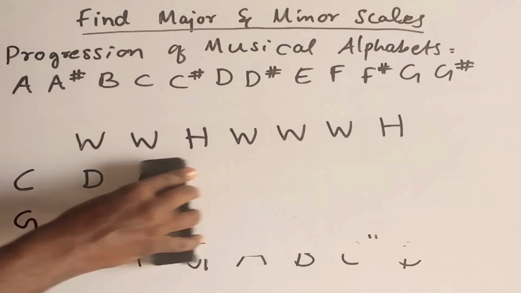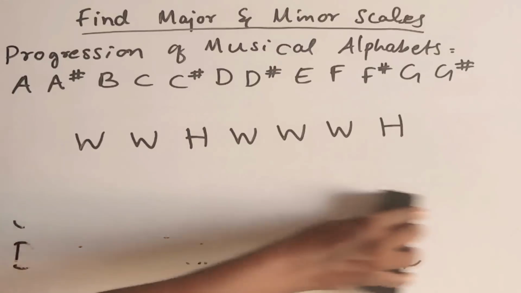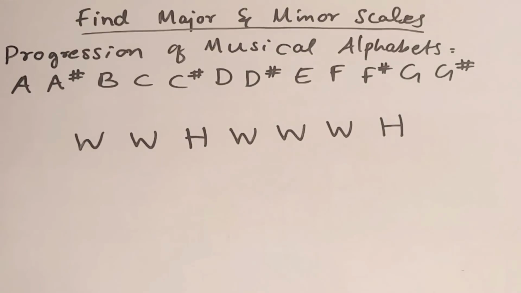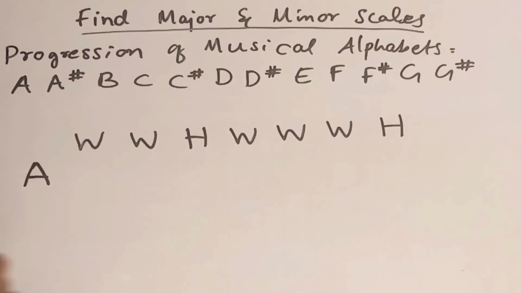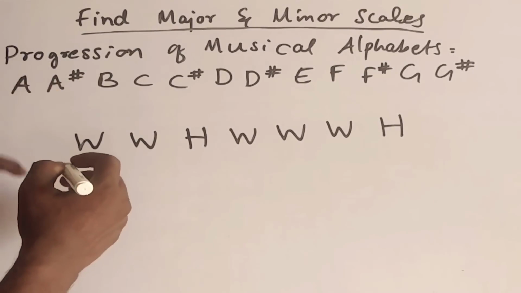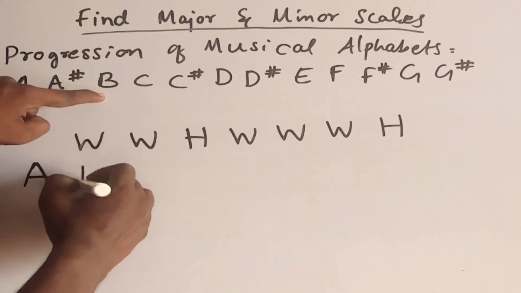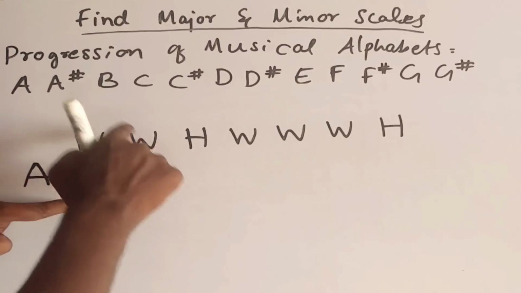Now let's find A major scale. A to whole step is B. B to whole step is C sharp.